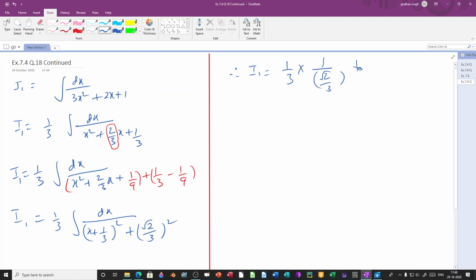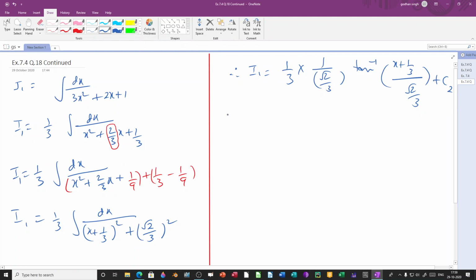Then tan inverse x by a. What is our x? X is x plus 1 by 3, over a, which is root 2 by 3, plus, and already we have taken one constant there, so let this be C2. Solving this further, we will get I1 equal to 1 by 3 times 3 by root 2 and tan inverse of 3x plus 1 over 3, and this is already having root 2 by 3, plus C2.